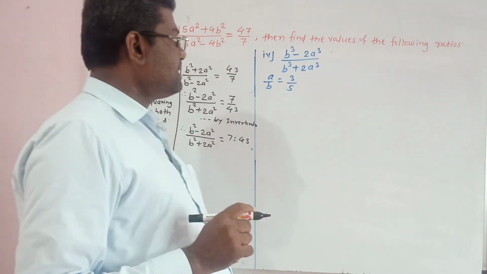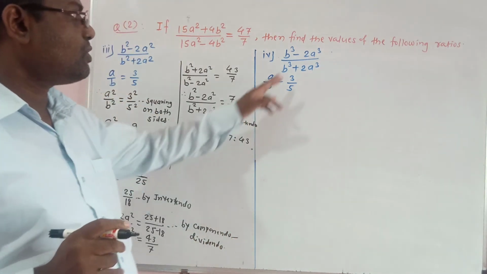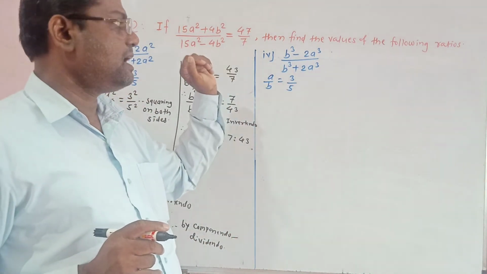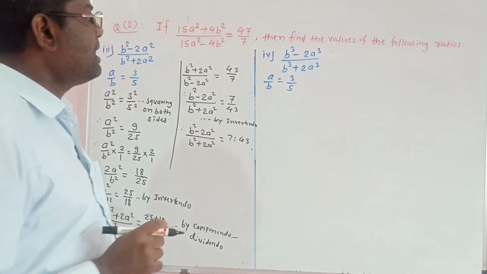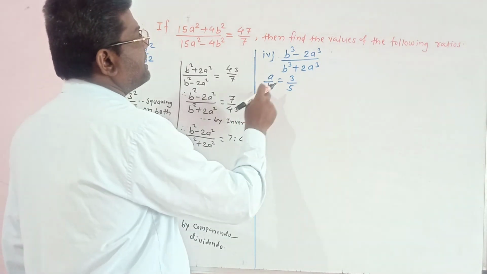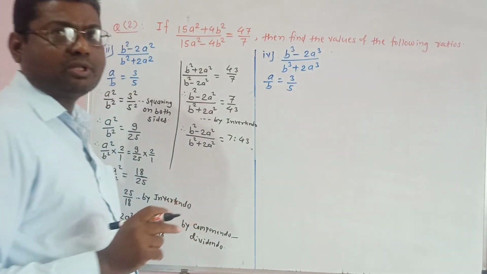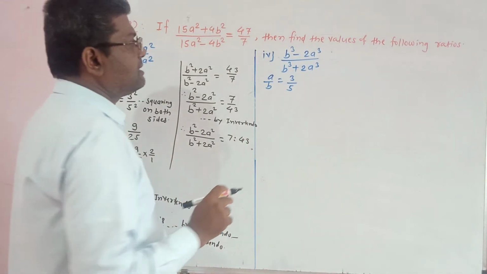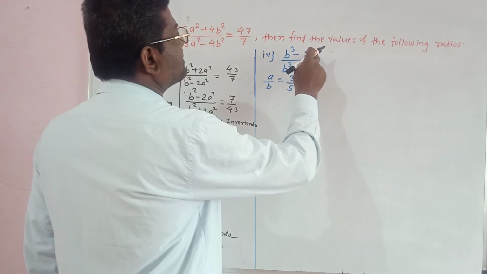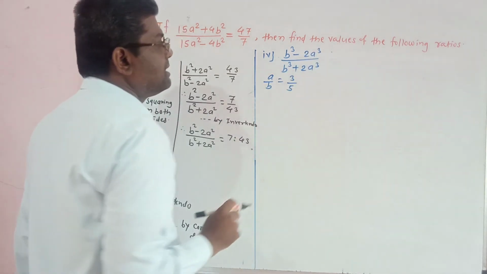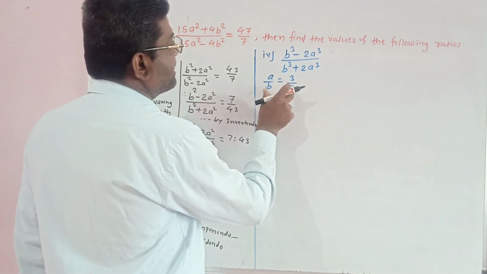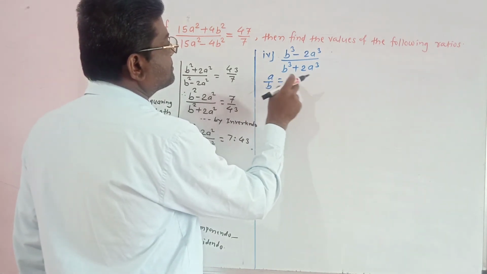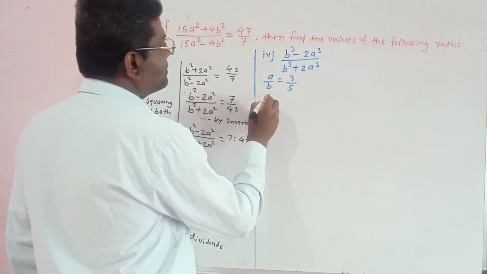Now example number 4. b cube minus 2a cube upon b cube plus 2a cube, and here we have the ratio a upon b is equal to 3 upon 5. In the example there are terms of a cube and b cube. Therefore we have to take the cube of this ratio on both sides.